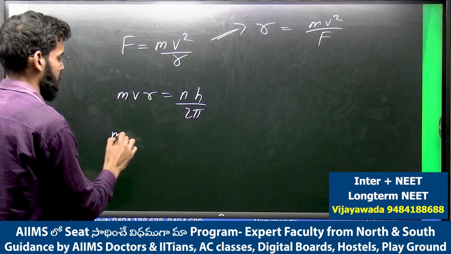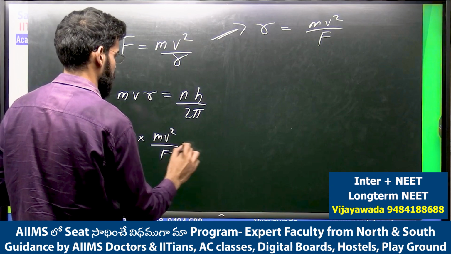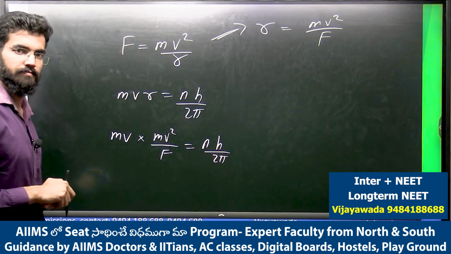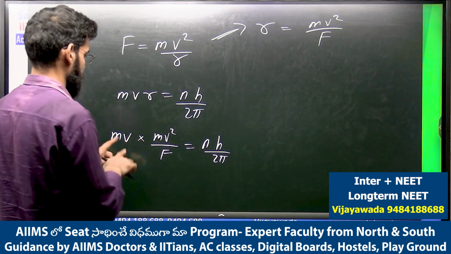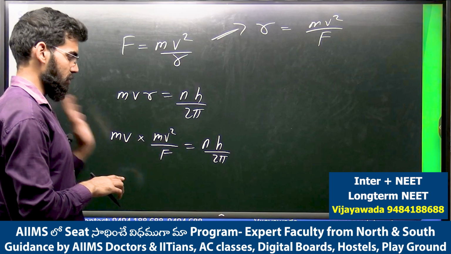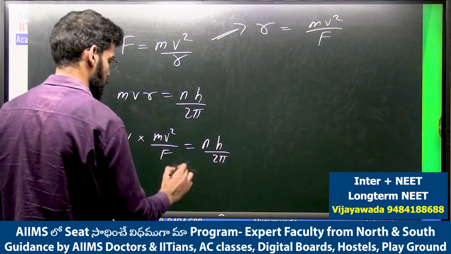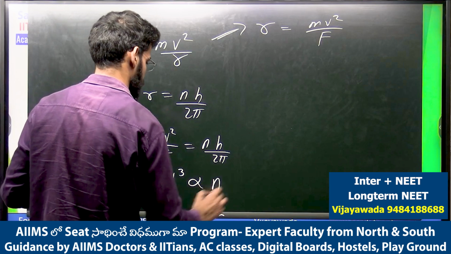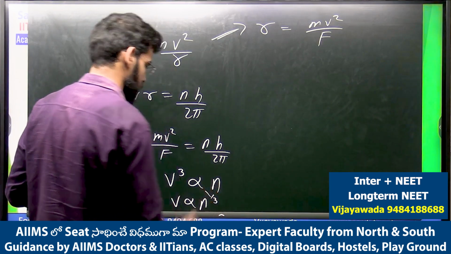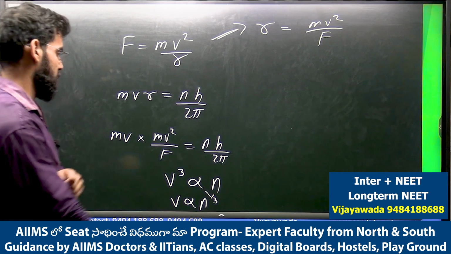So what we will have? mv into mv square by F equals nh by 2 pi. So mv cube; m square is constant, F is constant, h is constant, 2 pi is constant. So I can say v cube is proportional to n, so v is proportional to n to the power 1 by 3.